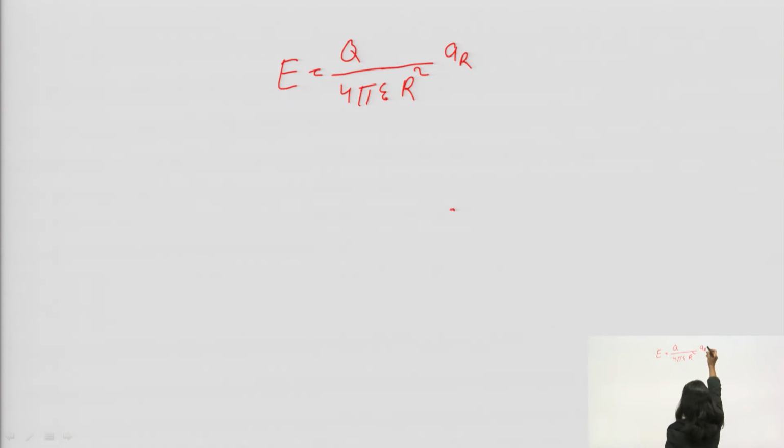Further, this is the unit vector. You can elaborate it as q by 4 pi epsilon r cube times the r vector.